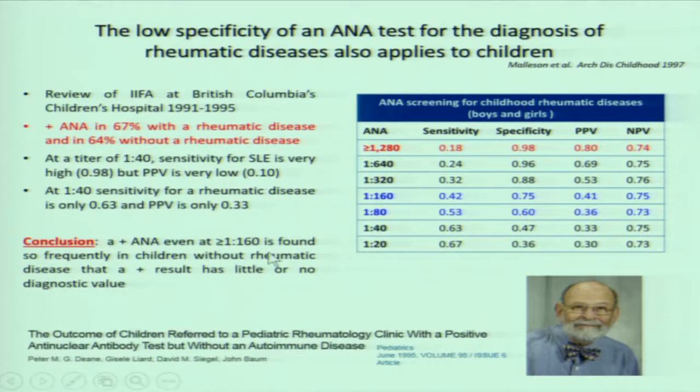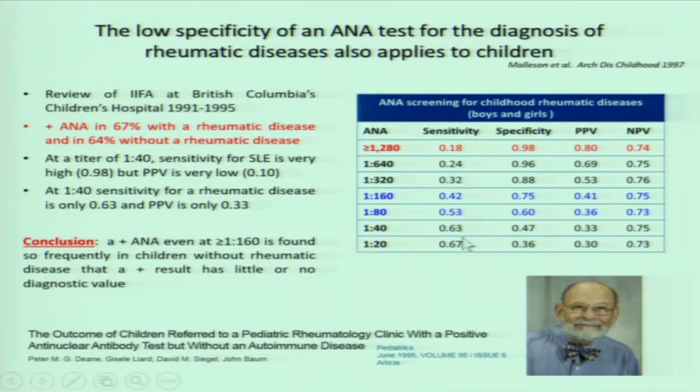And in fact, the conclusion of the study was that even at 1 to 160, which is significant in terms of the ANA, that result is found so frequently in children without rheumatic disease that a positive result has little or no diagnostic value. Okay, so once again, you have to go to the clinical context to interpret this result.